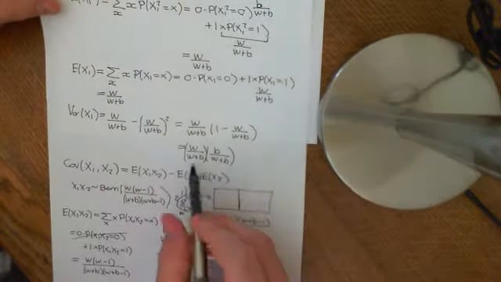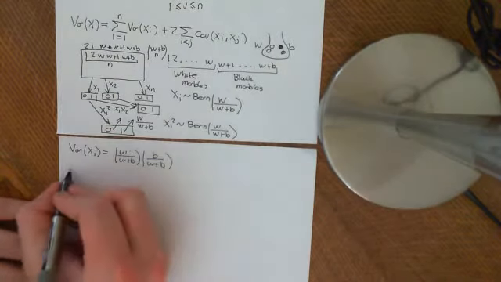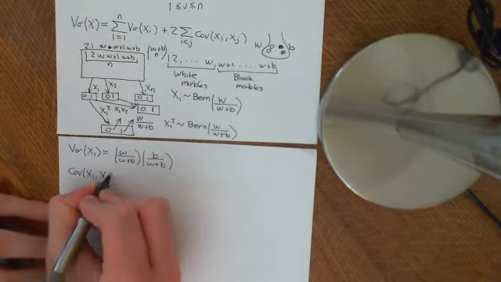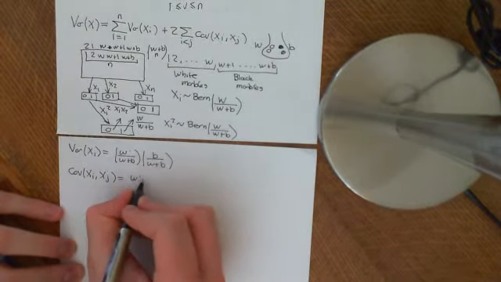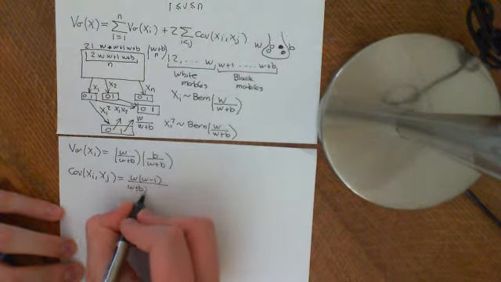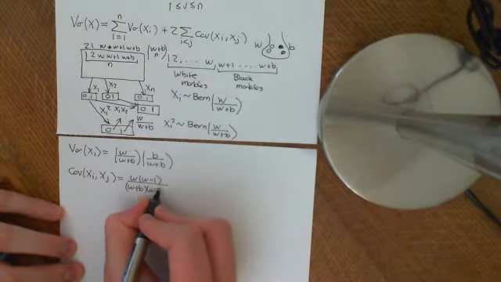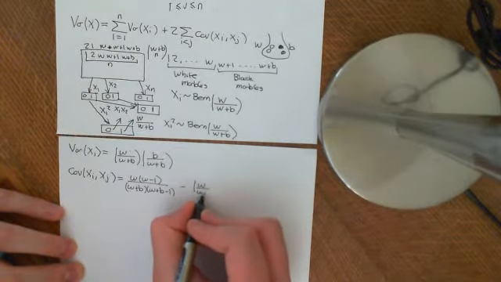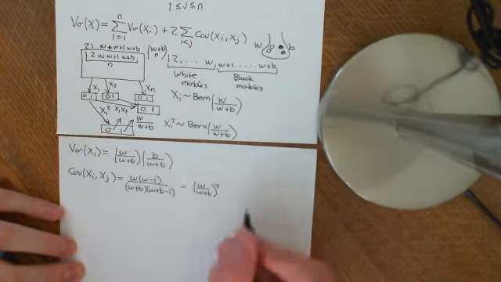Here, yes, so that's that answer. And we got that the covariance of, let's say, x_i, x_j was equal to w times w minus 1 over w plus b times w plus b minus 1 minus w over w plus b squared, basically.